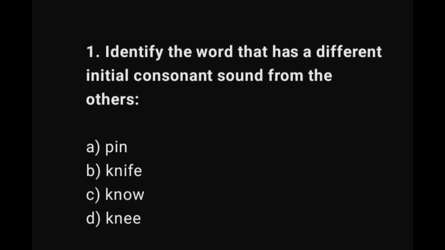Identify the word that has a different initial consonant sound from the others. When we're talking about an initial consonant sound, we're talking about the consonant sound at the beginning of the word.